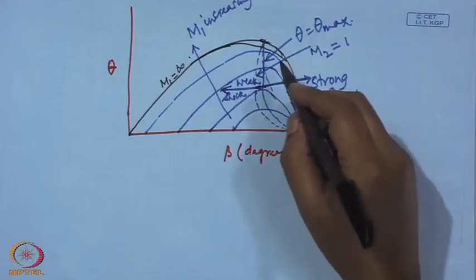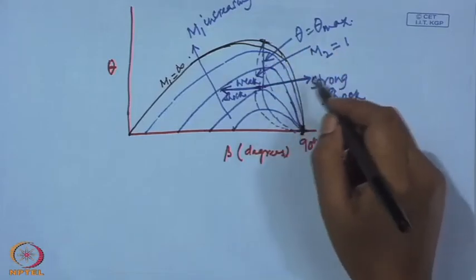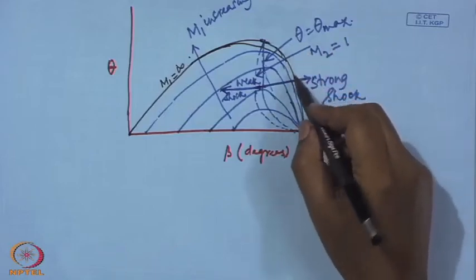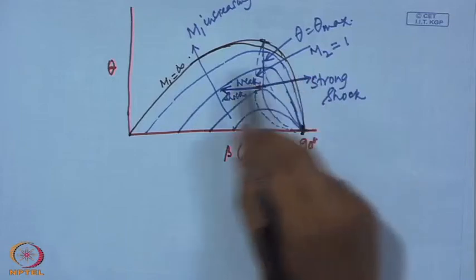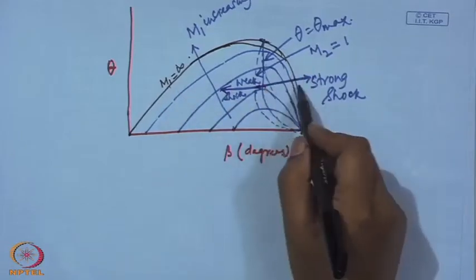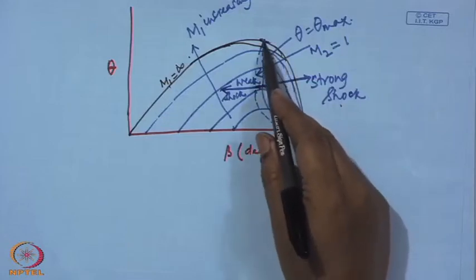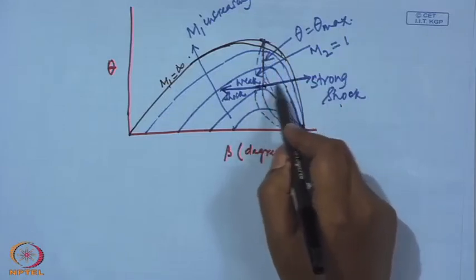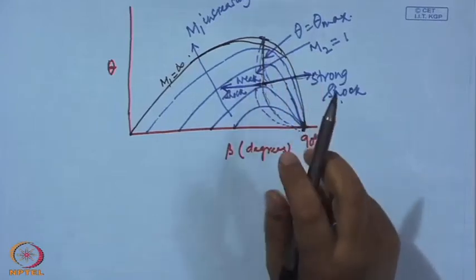If we have the solution corresponding to a value for which beta is higher of the two, then that solution is called a strong shock solution, that is to the right of the line corresponding to theta equal to theta max.